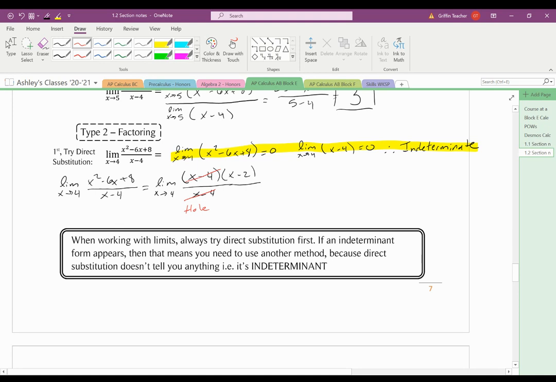So try and remember that when you are factoring and canceling out these groups, you are identifying the hole, which is why when you plugged 4 into this original problem, we got that indeterminate form, because it was noticing a hole. If we keep going, once we identify that hole, then we just say equals the limit as x approaches 4 of my function x minus 2. And then from here, you can plug 4 in for x and see that your limit is 2.